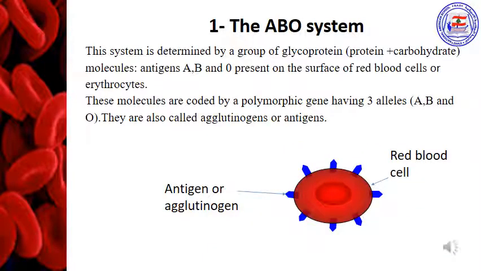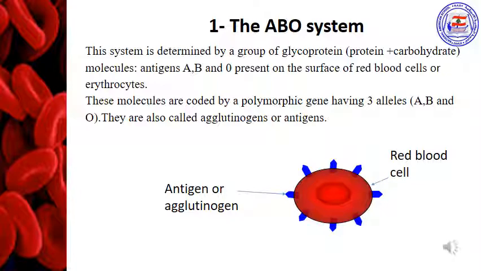So let's start with the ABO system. This system is determined by a group of glycoprotein molecules, also called antigens. The antigens are of three types, antigen A, antigen B, and antigen O, and they are present on the surface of the red blood cells or erythrocytes.